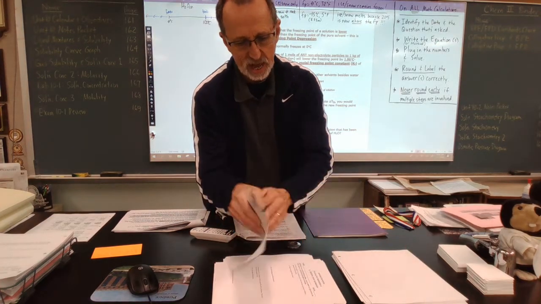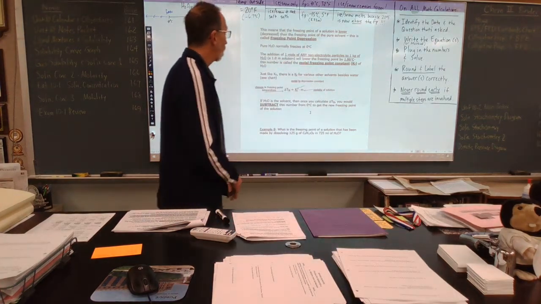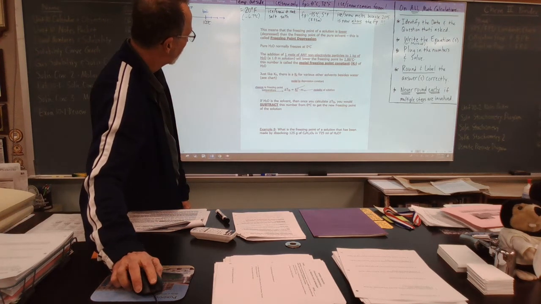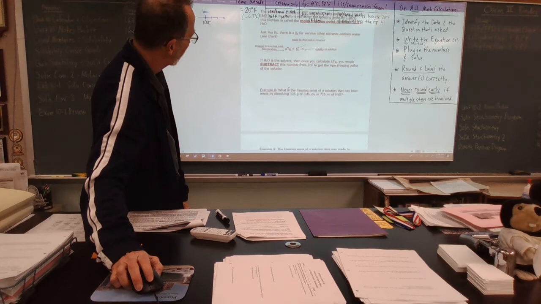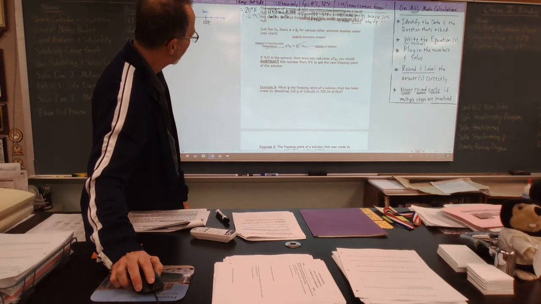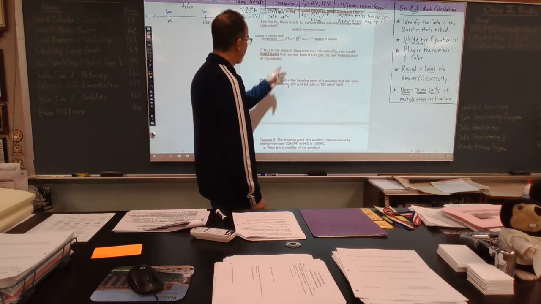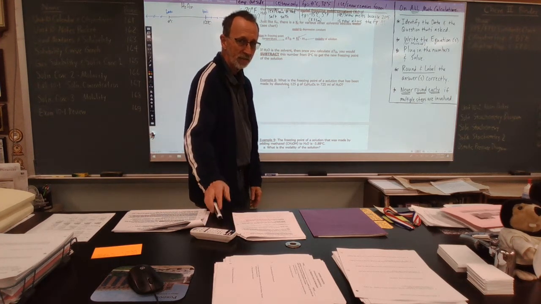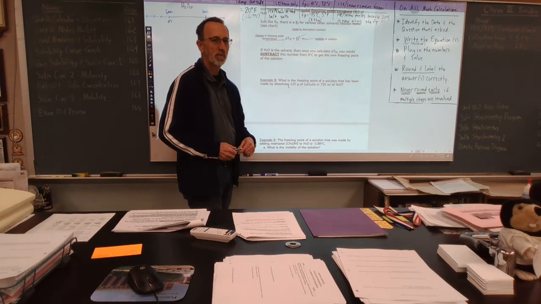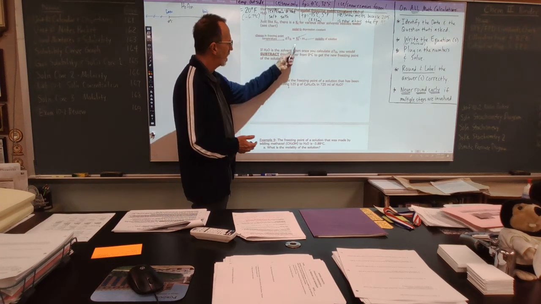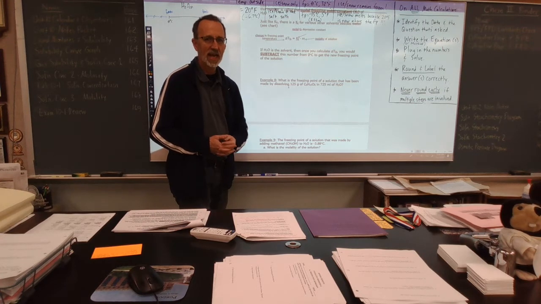Now, as far as the calculations, this equation should look pretty familiar to you because it essentially is the same exact equation that we looked at yesterday. Only now, instead of the change in the boiling point temp, it is the change in the freezing point temp. Instead of the boiling constant Kb, it is now the freezing constant Kf.